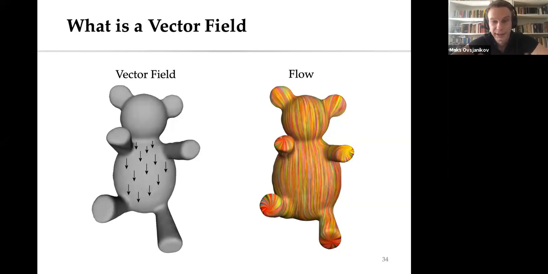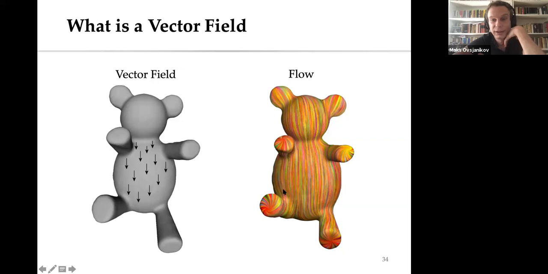But it turns out this is actually a common point of view in mathematics. So what is a vector field? If I give you a surface, you can think of a vector field in two different ways. One is as a direction, a vector for every point in the tangent space.